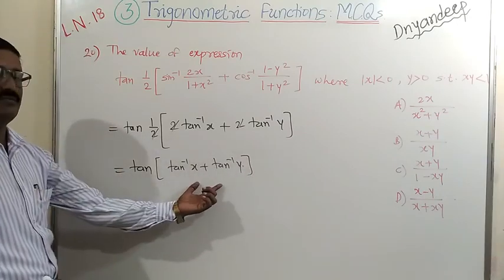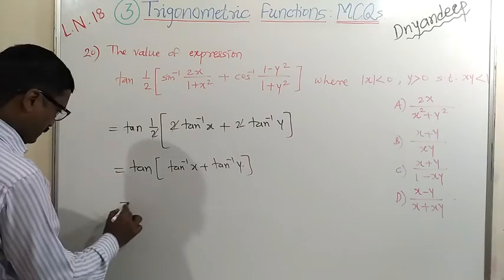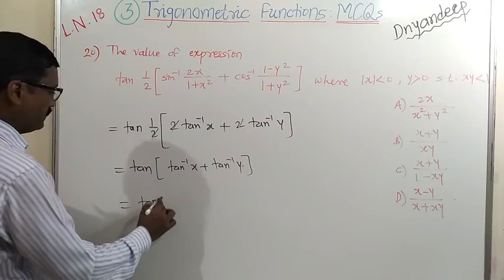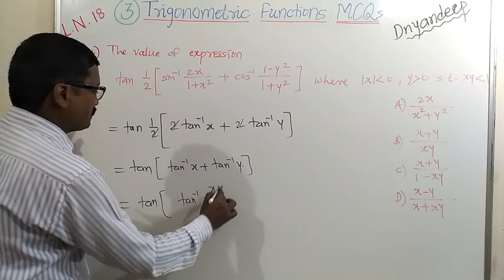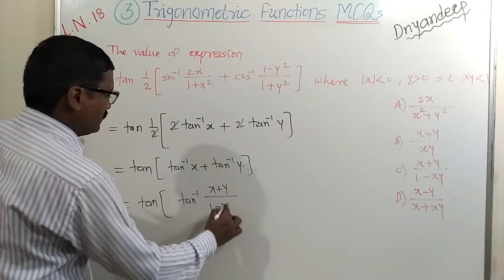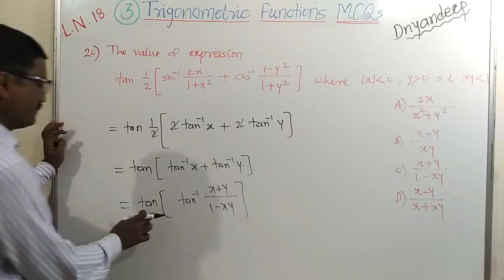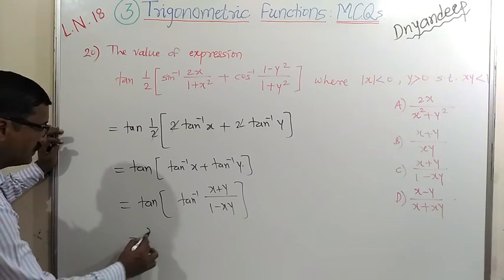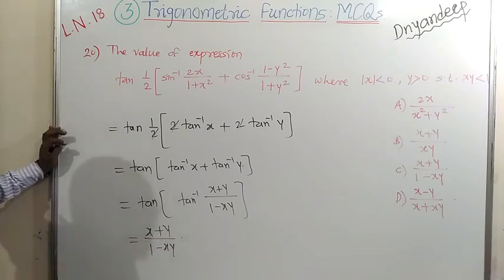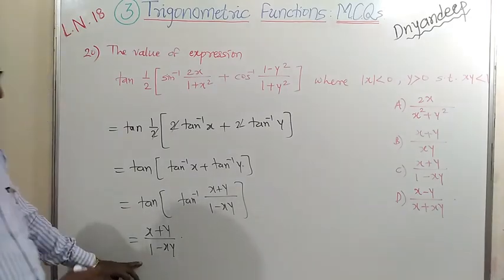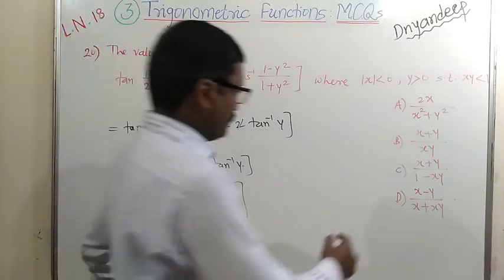Now use the formula for tan inverse x plus tan inverse of y. It will be tan in bracket tan inverse of x plus y upon 1 minus xy. This tan inverse and tan get cancelled. Remains only x plus y upon 1 minus xy. And that will be the option number C, third C.